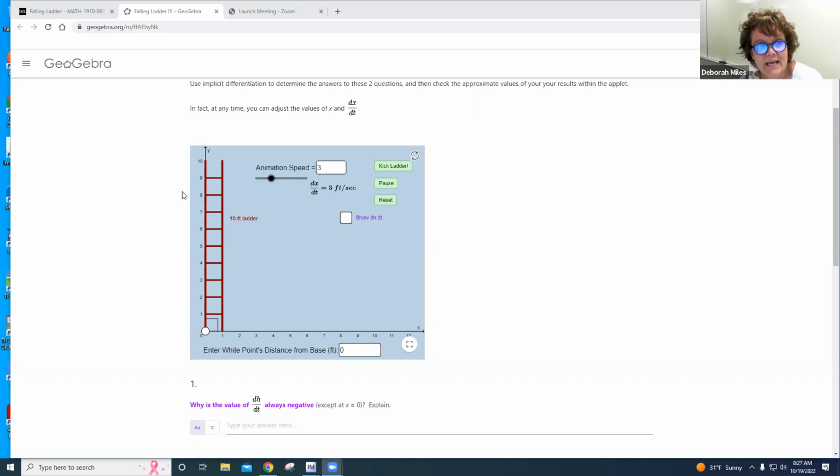Y is the height of the top of the ladder as it slides down the building. And the variable that is constant here is the rate of change in x. Somebody's pulling the base of the ladder along the ground at a constant rate. Do you think the top of the ladder is falling down the building at the same rate, or is that rate going to change as the ladder goes down the building?